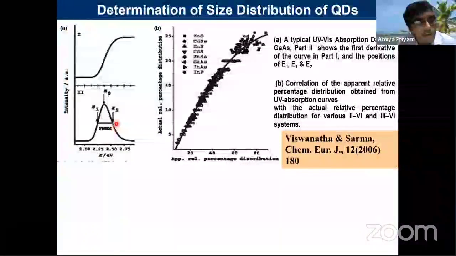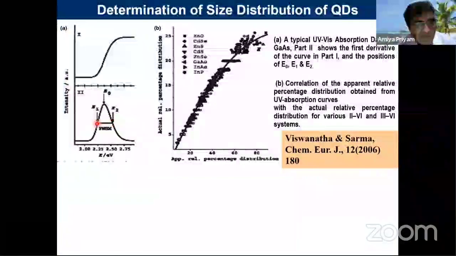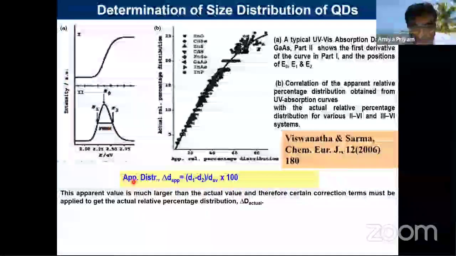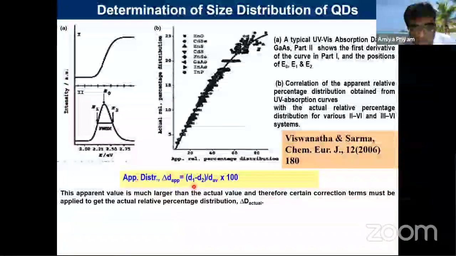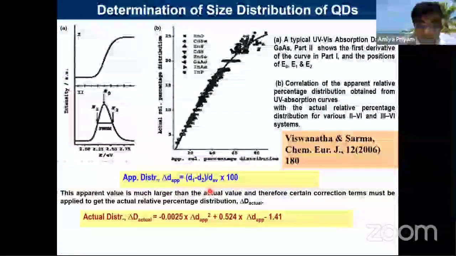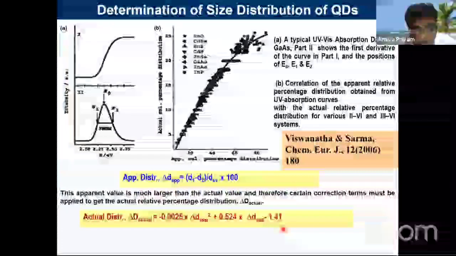By estimating the FWHM and the energy value over here, taking the difference divided by the mean, we can calculate the size distribution, which can further be correlated with the actual distribution determined by TEM. So this is possible.